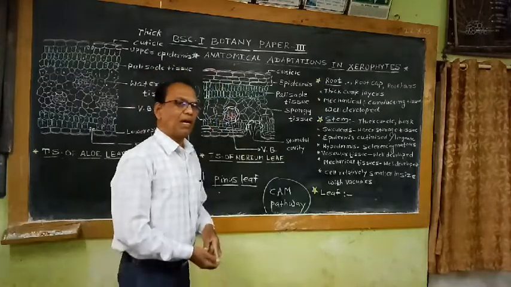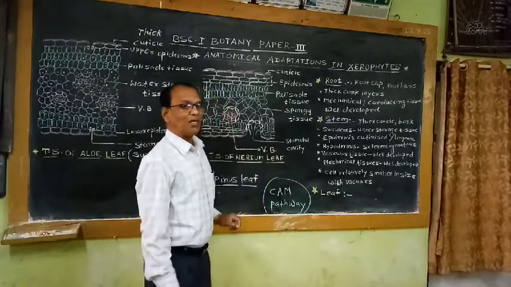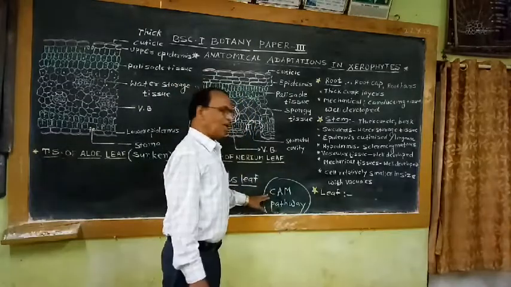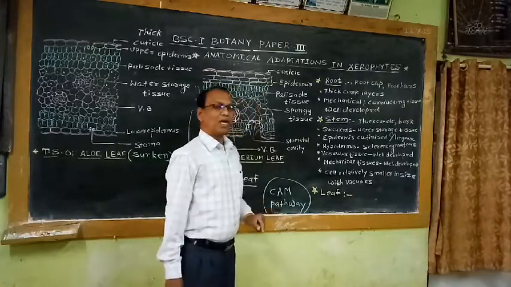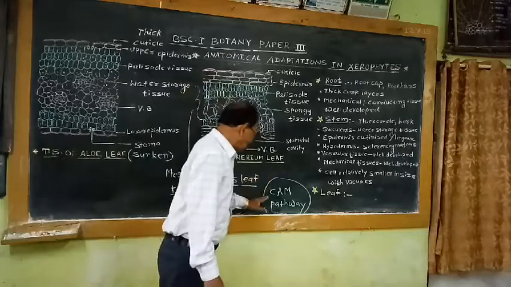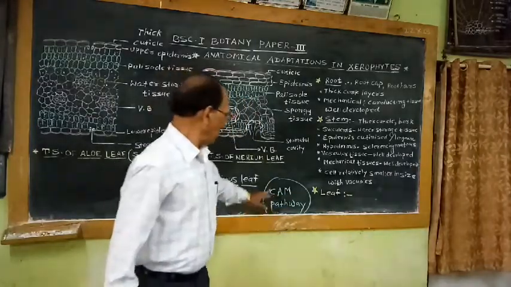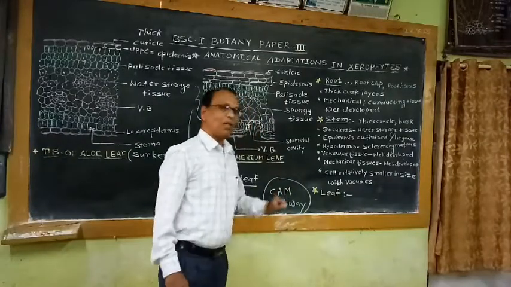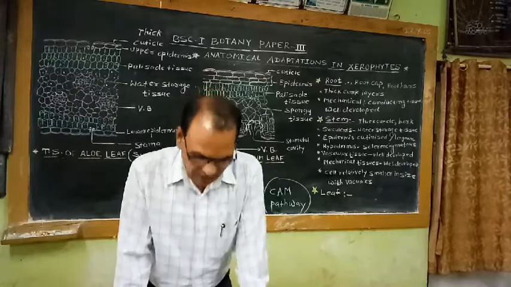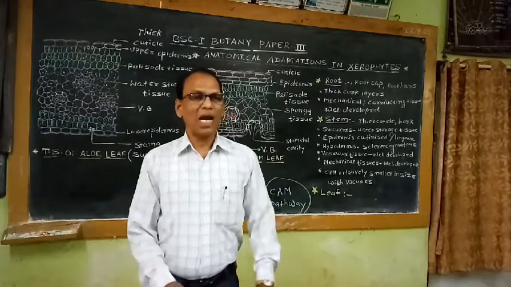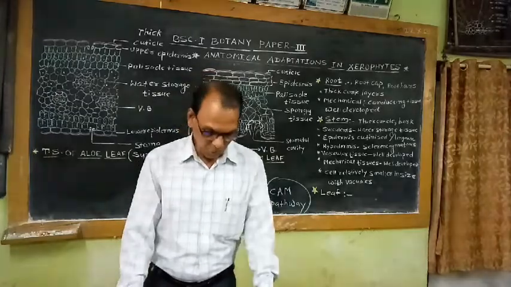This is the classification made by physiologists in order to differentiate the plants on the basis of the method of CO2 fixation. Some xerophytic plants show the crassulacean acid metabolism pathway, that means CAM pathway. In these CAM plants, organic acids are generally produced during the process of photosynthesis.